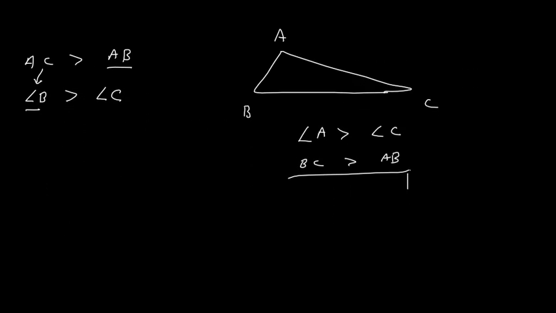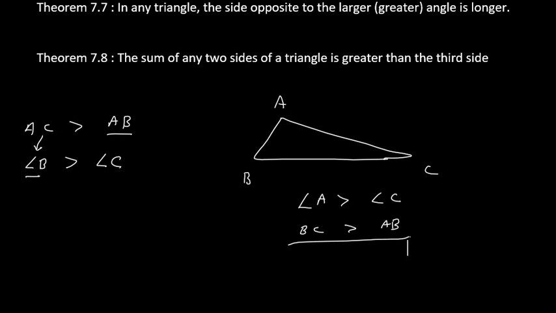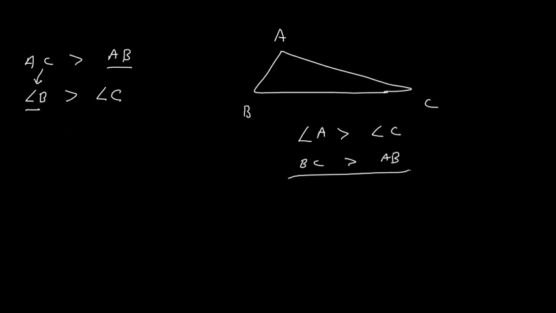And theorem 7.8, the sum of any two side of triangle is greater than third side. So take any two side, say AB and BC. So AB plus BC will be greater than AC. Similarly, if I take AB and AC, then their addition will be greater than BC.